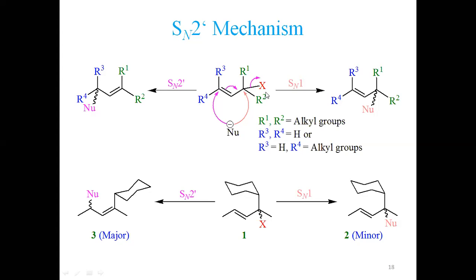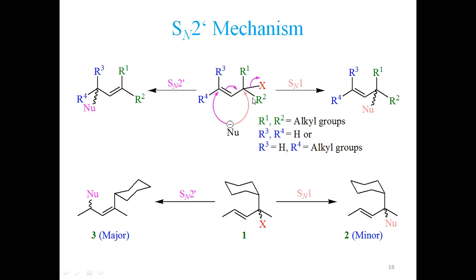But let's say it is not that case, and R3 and R4, one of them is hydrogen and the other is alkyl. Then it shall be a secondary carbocation competing with a tertiary carbocation. Then the percentage of SN1 mechanism shall decrease and SN2 prime shall increase. What these primes are is not an SN2 reaction.